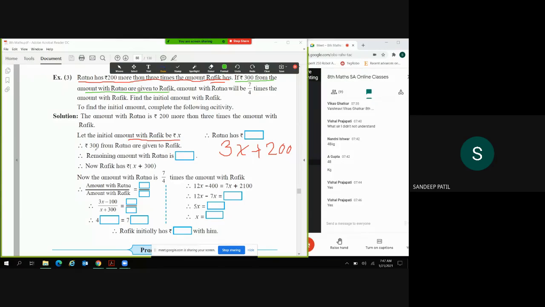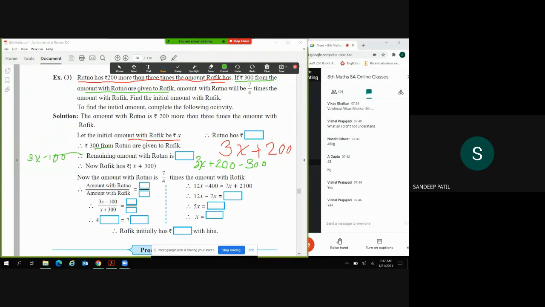So 300 has been given, right? So what will be the remaining amount with Ratna? 3x plus 200 minus 300. Okay. So what will be the amount of Ratna then? 3x minus 100.